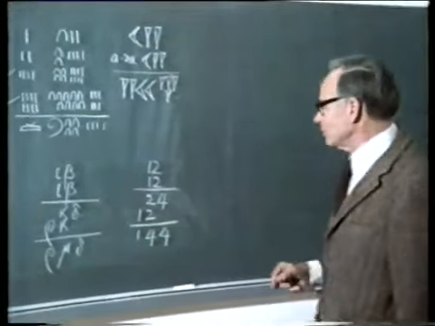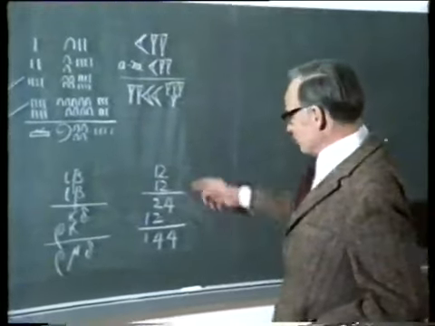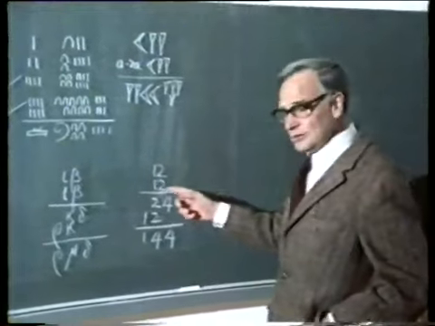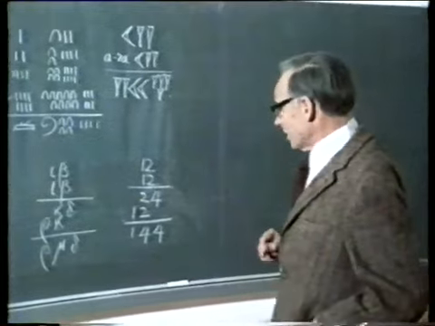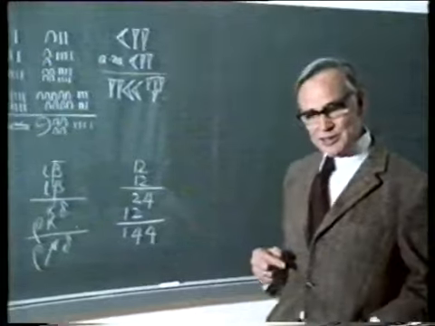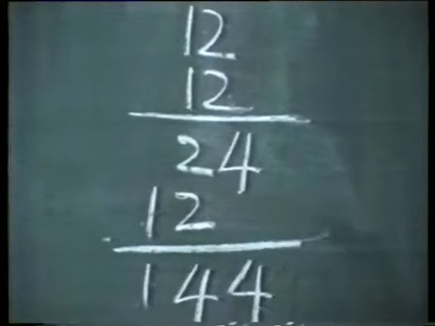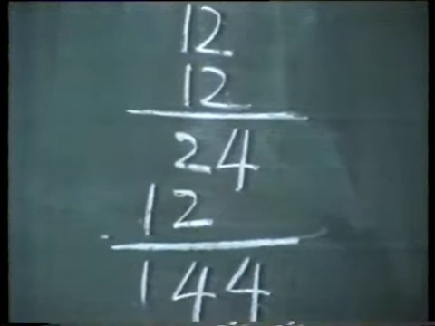The same result, of course, but the advantage of our modern method is that we need only 9 symbols, whereas in the Greek method you need 27 symbols, or rather we need 10 symbols because we need a symbol for 0. The Greeks didn't need a symbol for 0.